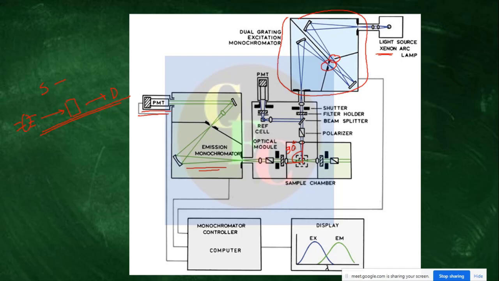First of all, this emission is anisotropic; it can happen in all directions. And it is kept at 90 degrees to minimize the reflected light, some incident light reaching the detector, and some transmitted light.